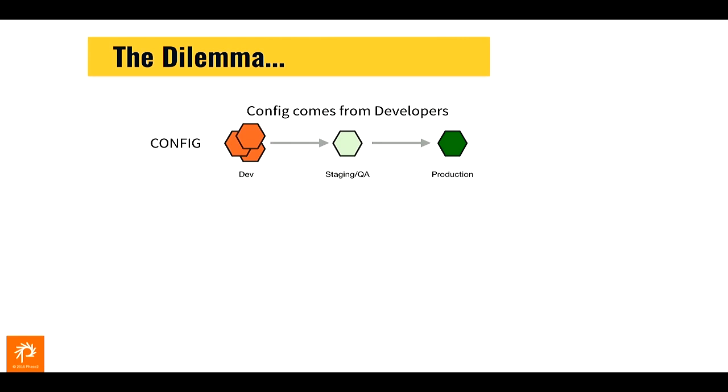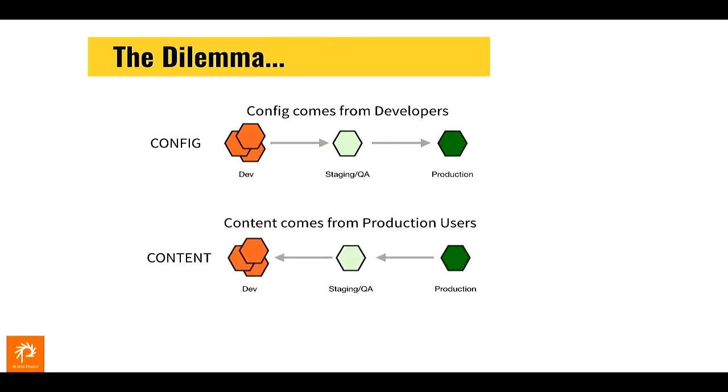Your configuration is things like your content types and your fields and your views and all the little checkboxes in Drupal. That's all configuration. And that's coming from your developers. The content, which are your pages and articles and blogs and comments, those are being created by your production users. And so you have these two pieces of data coming from two different sites. You somehow have to merge those together into a single database.